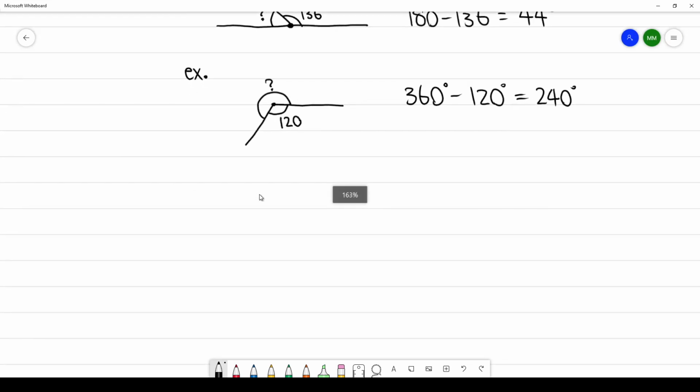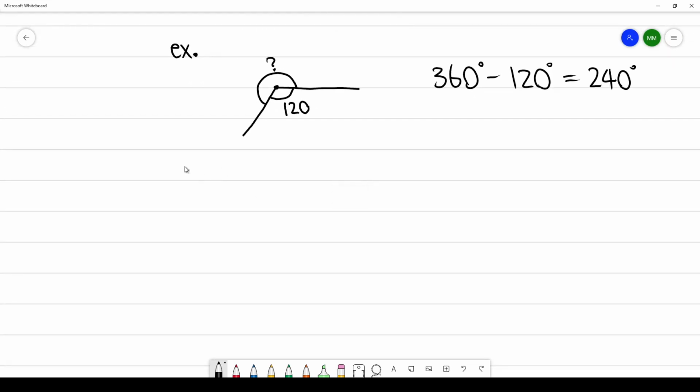So how about this? So example. So this is 8 degrees and this is 8 degrees.